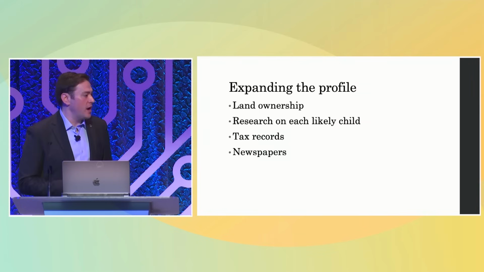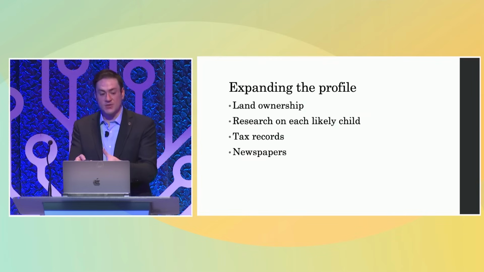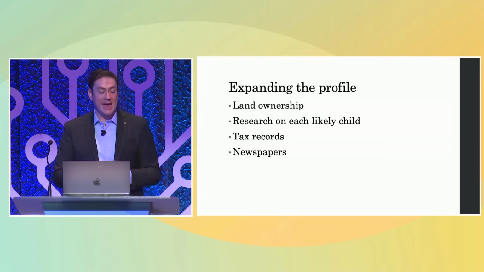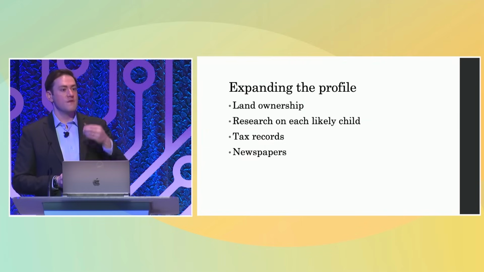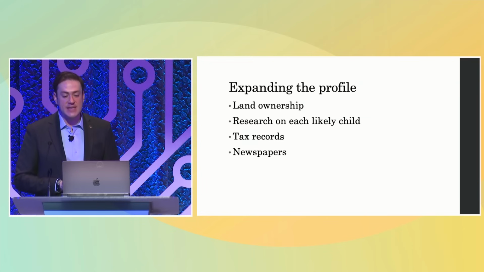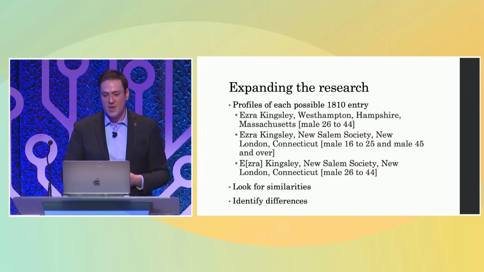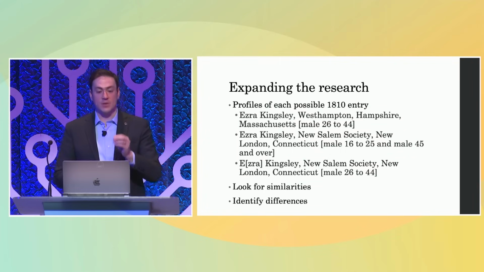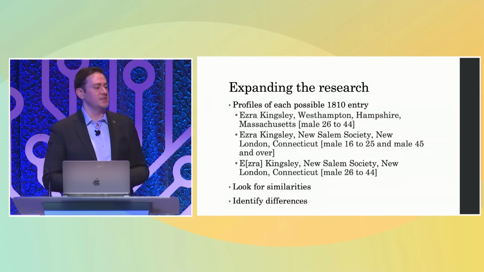I look at tax records, which helps me to more carefully identify when he arrived in Susquehanna County, Pennsylvania. And I use newspapers. And I use these same tools for each profile of these Ezra Kingsleys listed in the 1810 US Census. I look specifically for similarities, and I also make sure that I'm making a point to identify differences between them.